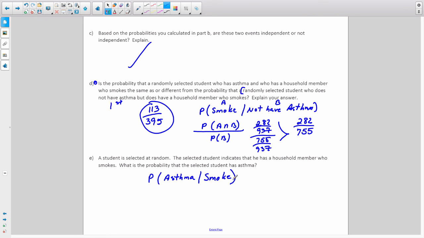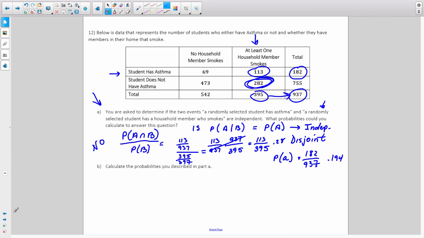That's what that word problem is standing for, right? So you select a student. They already tell you that they have smokers in the house. What's the probability they have asthma? So that's like saying, what's the probability of them having asthma if you've already picked them and they had smokers in the household? So I think we did that question back here. 113 out of 395 or 0.28.